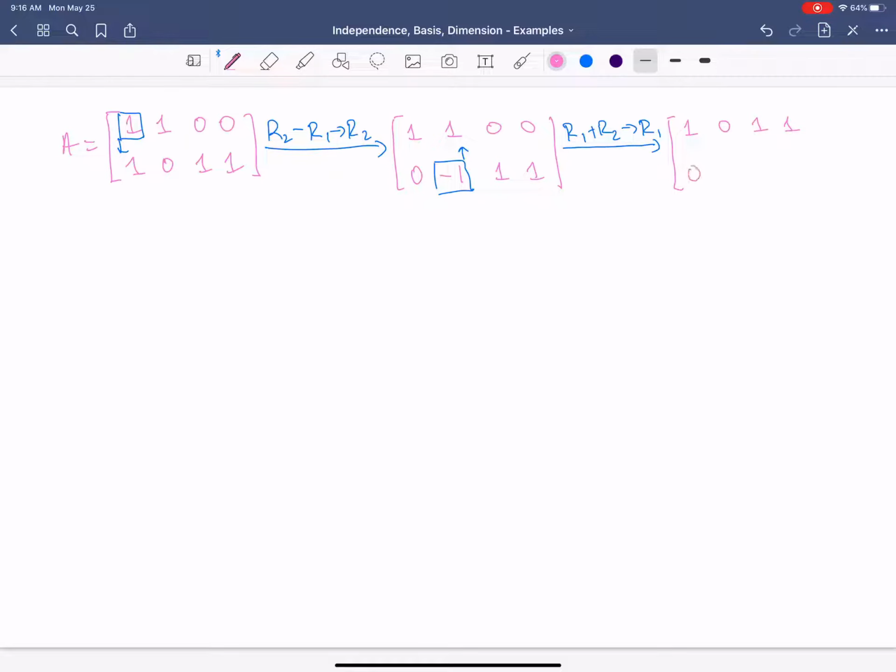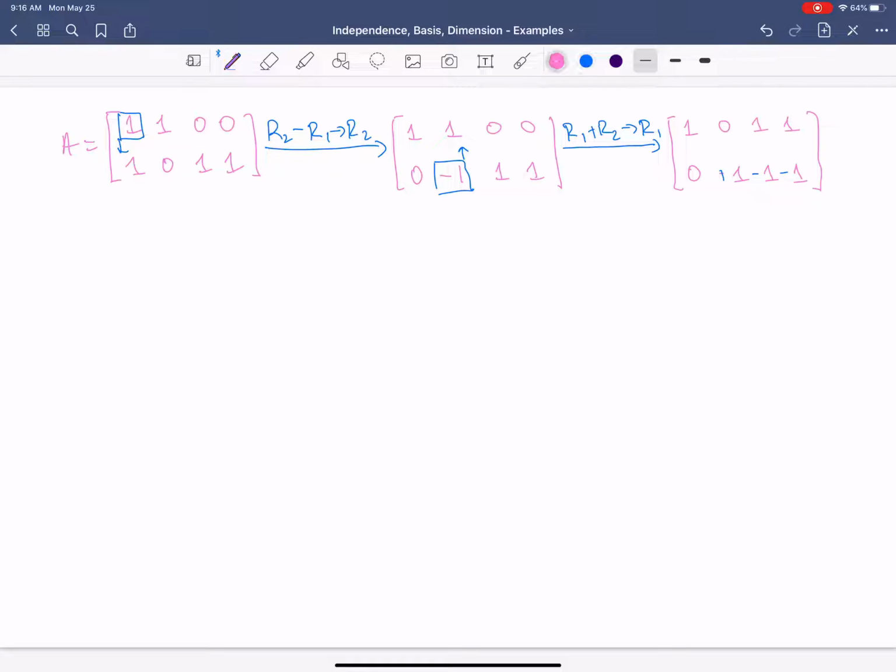Then I have 0, negative 1, 1, 1. And then the next step, which is not really elimination, I want the second pivot to be positive, so I know that the result will simply be a plus here and then minus, minus.